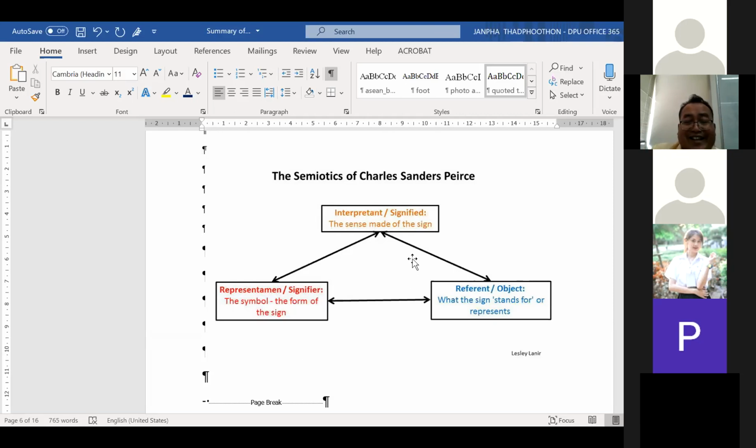If you fit that conception into Peirce's theory, you will see that the representamen is another term for signifier. It simply is the form the sign takes. Peirce called this representamen, but Saussure called it signifier. So signifier and representamen are basically the same thing.